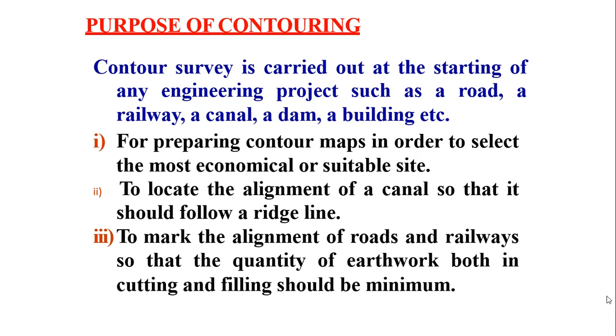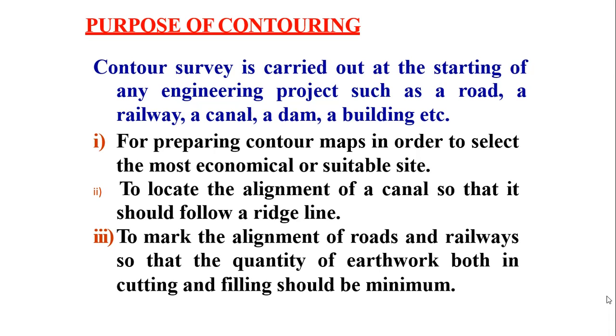Contour surveys are carried out at the starting of any engineering project such as roads, railways, canals, dams as well as buildings, etc. So, prior to the construction, first of all you have to carry out the survey. Basically, a contour survey is carried out for determining the features of the ground. Number one is for preparing contour maps in order to select the most economical or suitable site.